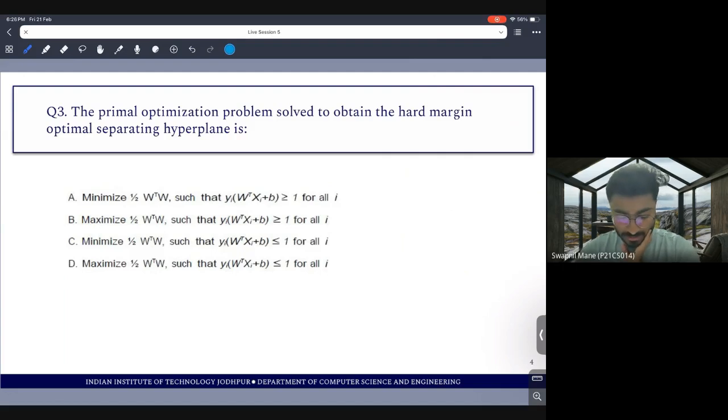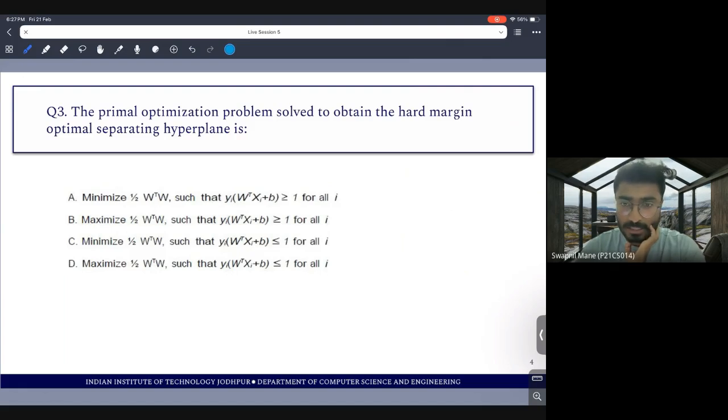So what could be the correct option for this question? So I repeat this question. The primal optimization problem solved to obtain the hard margin optimal separating hyperplane is. So what is our primal optimization problem? We need to minimize something. So what we need to minimize actually?